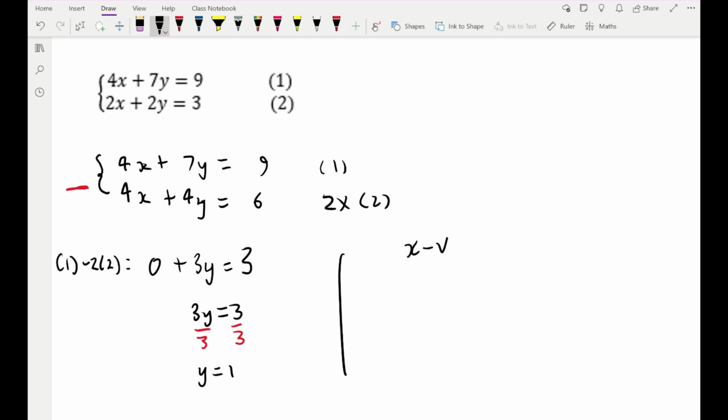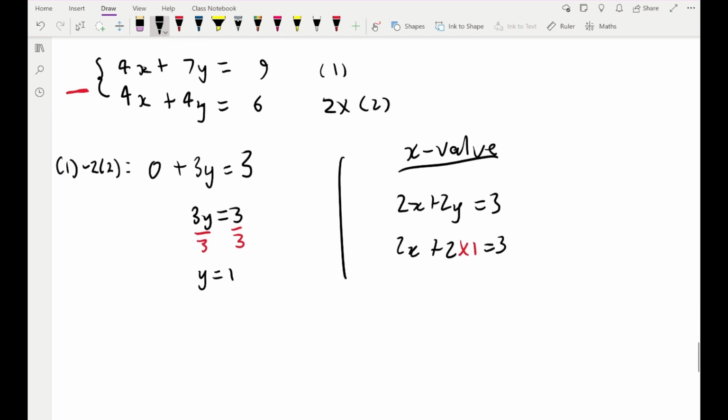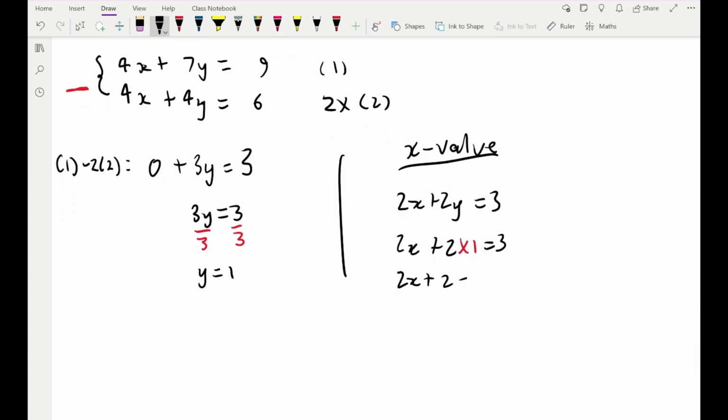Let's find our x value. So I'm just going to pick a random equation and sub it in. That bottom one looks kind of nice. 2x plus 2y equals 3 is the equation I'm looking at. And I already know that y is 1. So let's put that in and see what happens. So I get 2x plus 2 equals 3.